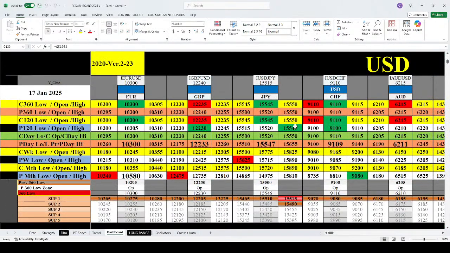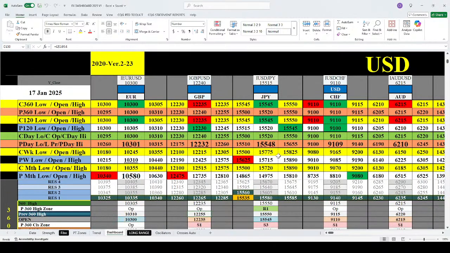Okay, coming back to the dashboard. Okay, yesterday's high is 5655. So today's high, since we are going for a sell, we should be concentrating on the high. So we should be selling near or below 156.55. Okay, so that should be our reference level.